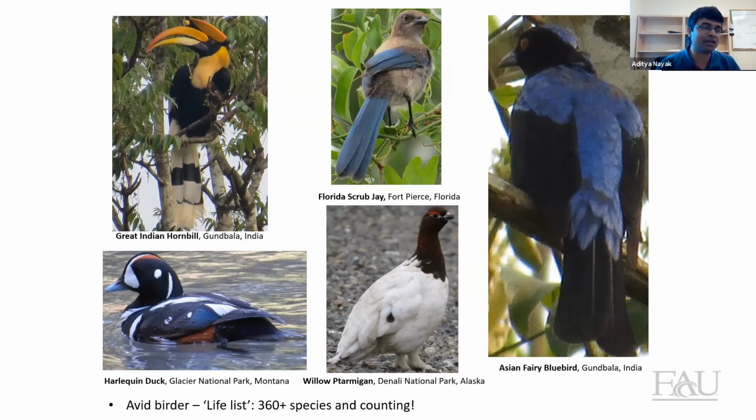This is something I really enjoy doing. And as any good birder does, I have a life list. That's exactly what it sounds like: you keep a list of all the species of birds that you have observed in your life. I'm currently at 360 plus species and counting. So hopefully I can get to four digits sometime.